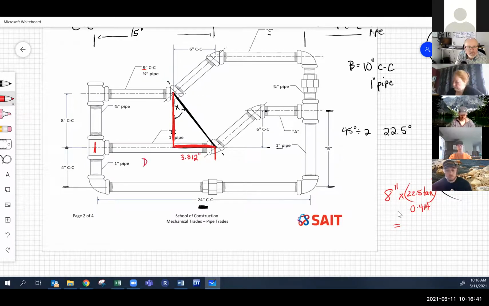So D is equal to 12.312. And that is a center to center measurement. And this is also 1 inch pipe. Does everybody see that there? Everybody's got that?